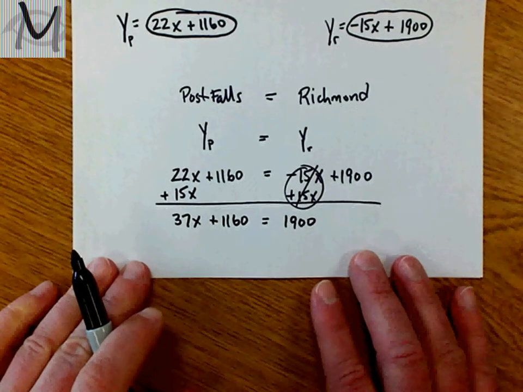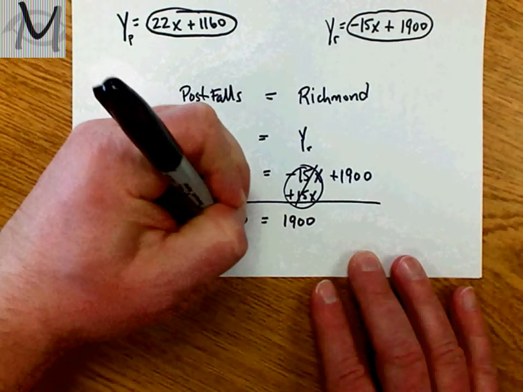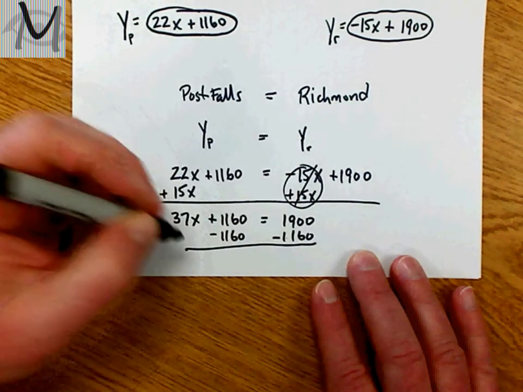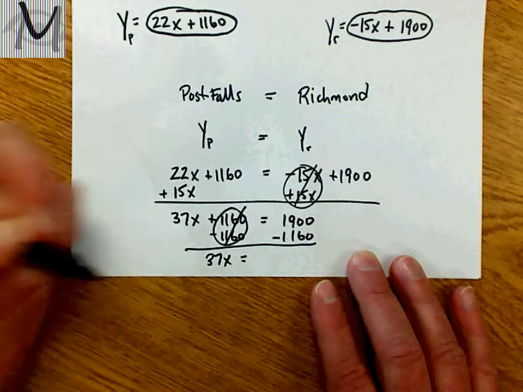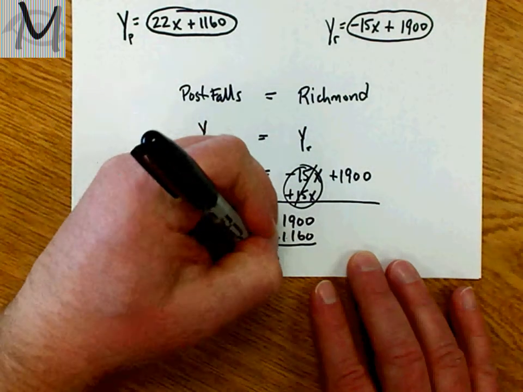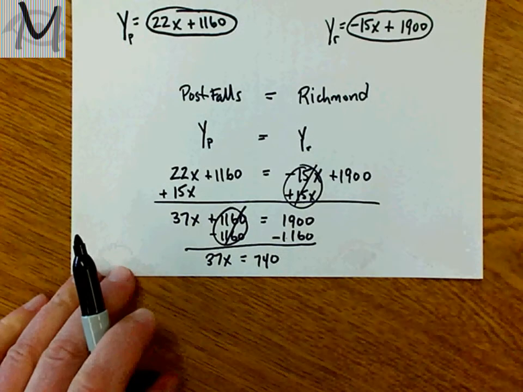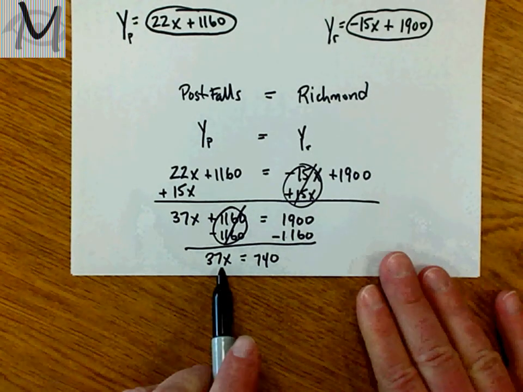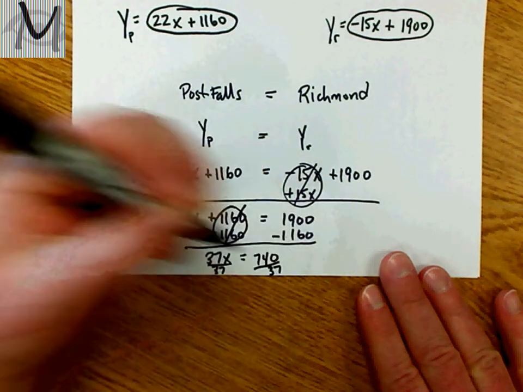Next, to get x by itself, I'm going to subtract the 1160. So 37x equals, I believe, 740 students. And then with all these 37x's, I want to split them up into 37 groups, so I divide both sides by 37.